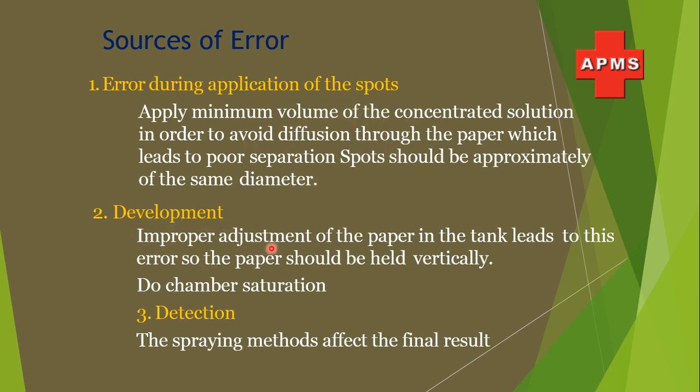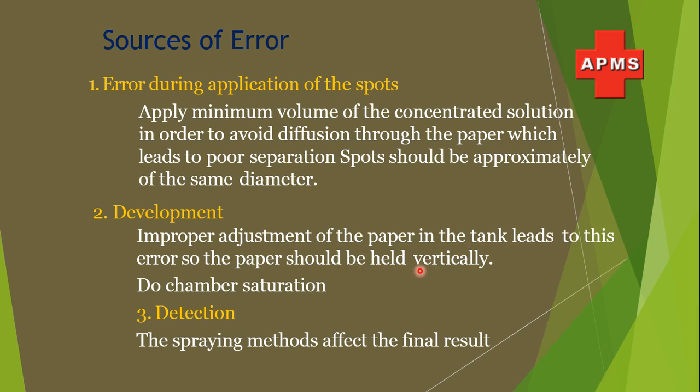Now development: improper adjustment of the paper in the tank leads to error. So the paper should be held vertically. If our chromatographic paper is not exactly vertical and is turned by any degree or angle, we may get improper or poor separations and poor development.